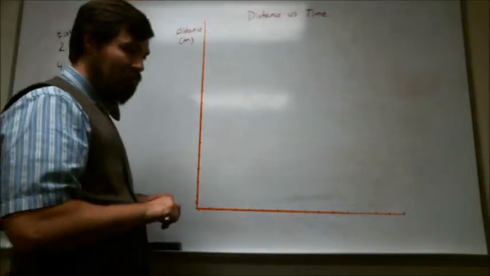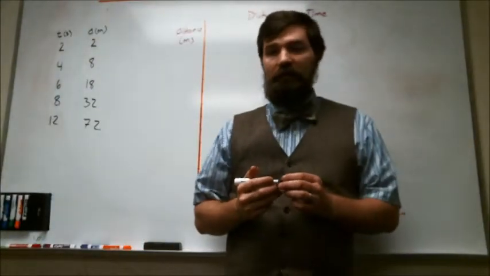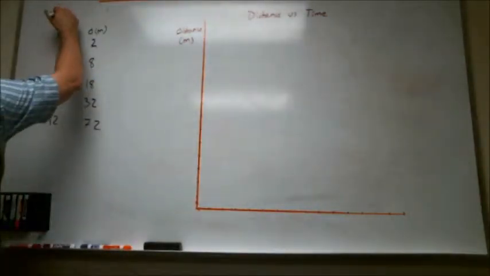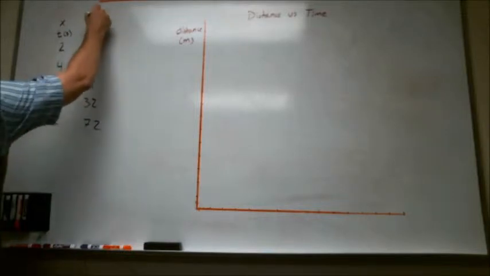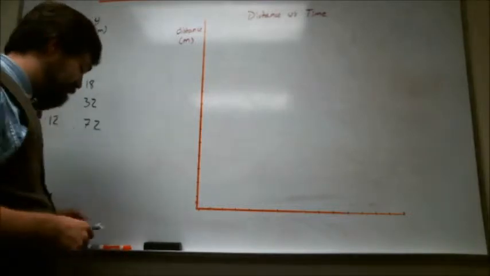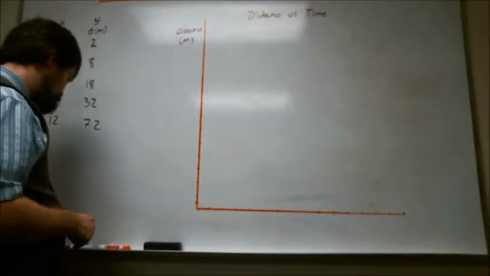Okay? So presumably you have time as your independent variable, which I'm going to label x. This one is your dependent variable y. And you decide to take this data and make a graph of it.